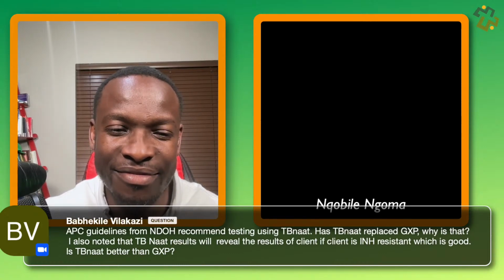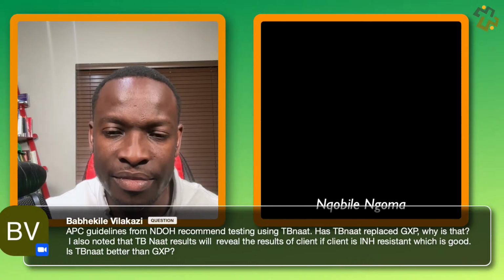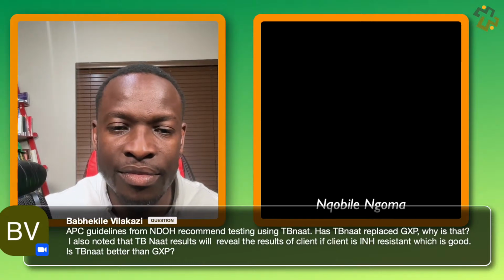It also talks to what Ngobile has said: if the rifampicin is resistant, definitely it will spread to test other resistance patterns that the patient might be having. But with the introduction of the TB NAT, we've also seen an increase in INH resistance, which will come back with a sensitive rifampicin, but INH will be resistant. So we appreciate the introduction of TB NAT because at least it has explored various tests that we are identifying.